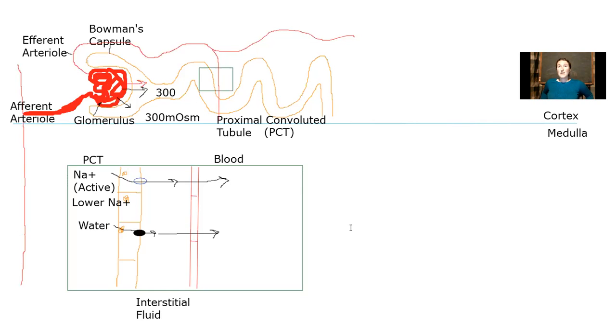And in fact, the overwhelming majority of the water that has just been pushed into Bowman's capsule from the glomerulus is going to be reabsorbed right here in the beginning. If we did not reabsorb all of this water, all of this salt, we would essentially pee out the entire volume of our blood in less than 10 minutes, right? So this is a huge deal.